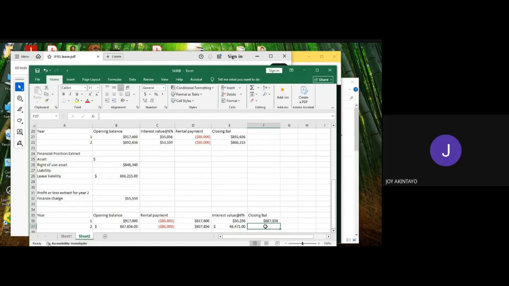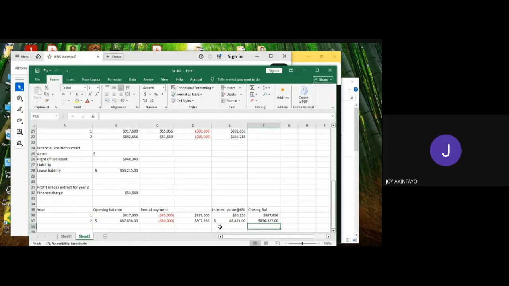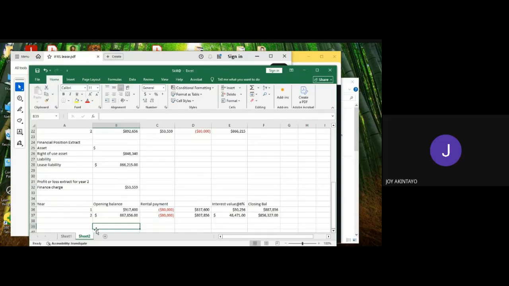Then the addition of both. Do you understand? So this will now be your lease liability at the end of the period.